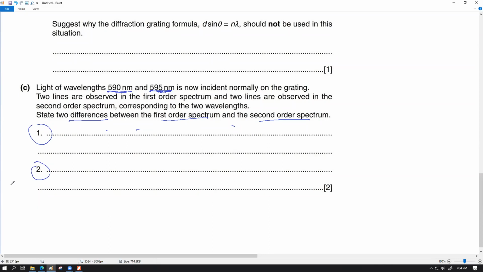State two differences between the first order spectrum and the second order spectrum. So what could possibly be the second difference?